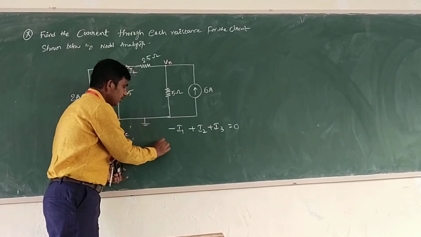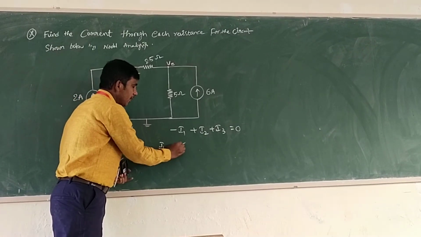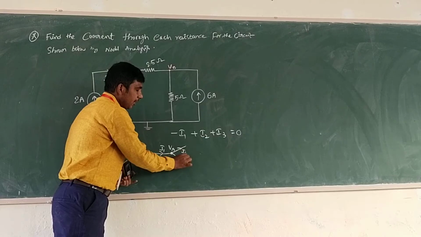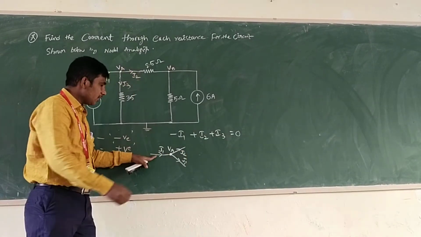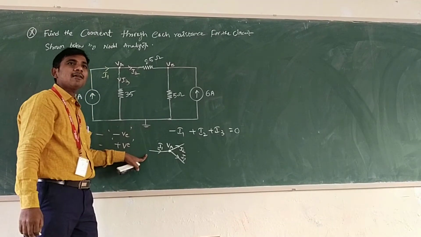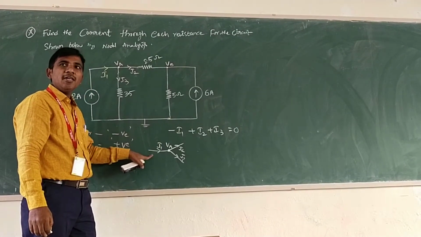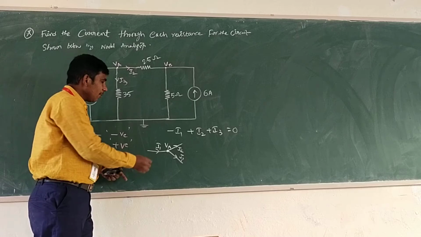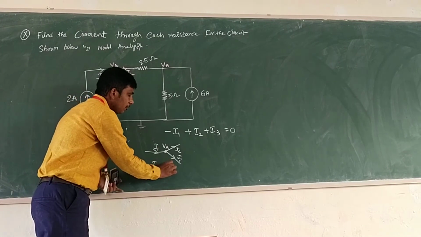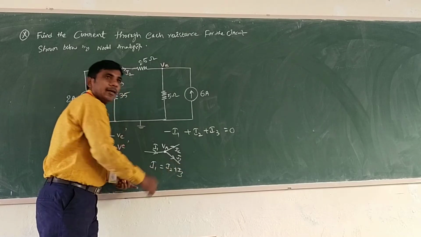If you consider I1 as the entering current and 2 currents leaving at this point VA, I2 and I3, the total current becomes 0. Or we can say Kirchhoff's current law is the sum of incoming currents equals outgoing currents. Only one current is incoming, so I1 equals I2 plus I3. You can write.